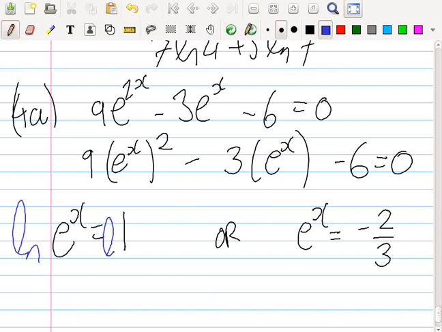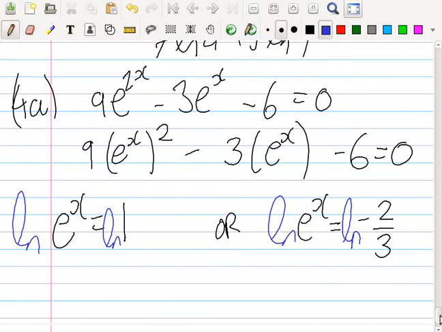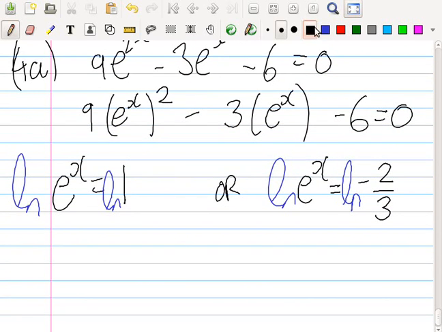Log, well here's actually special. Yeah. Log. Now, if you look here, you can see what happens with natural log and e. Does anybody know or remember?